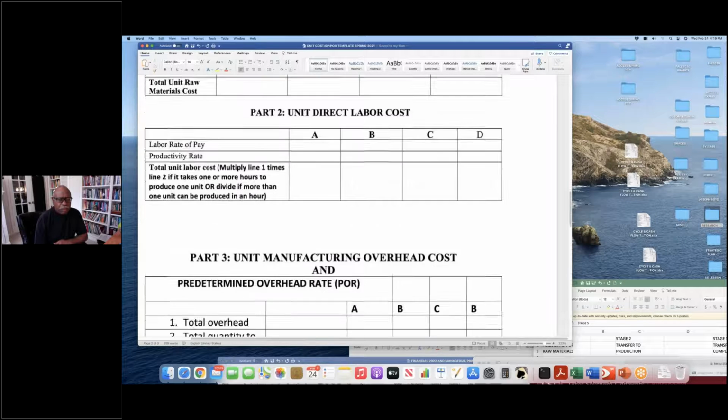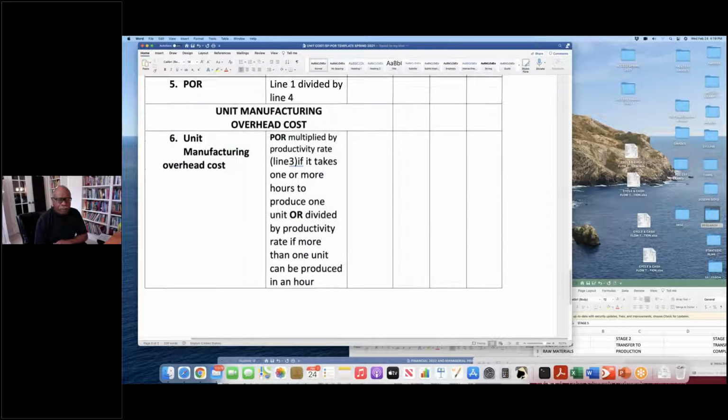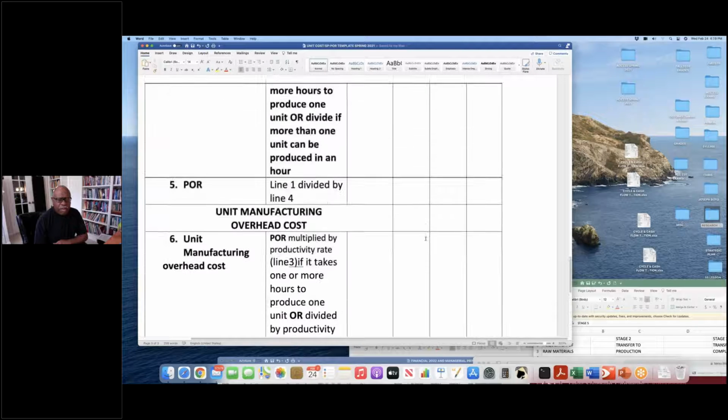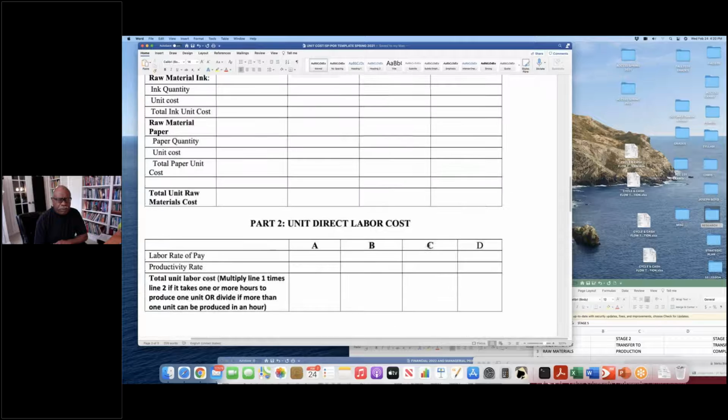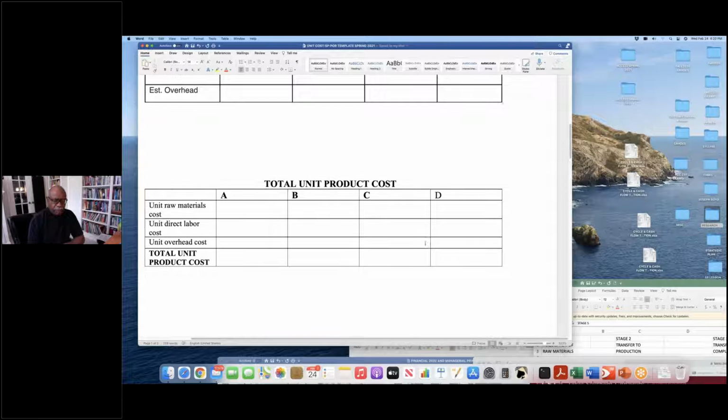So what we're going to do is go through and fill out this sheet today, and see the way I have this set up, four on a sheet, and then we can come back. You know what confused me, Professor? Go up to the top.